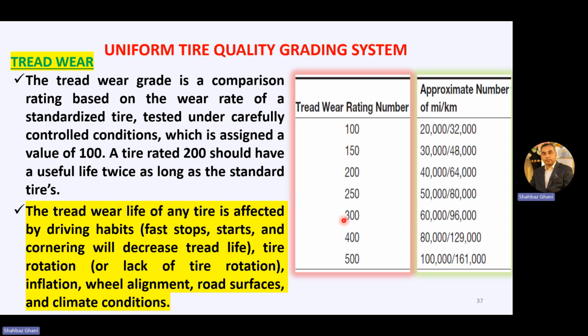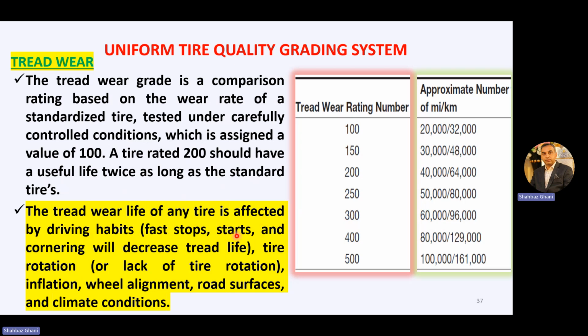Your tire may show a tread wear of 300, but if your driving habits are not good, your braking habits are not good, or the road condition is not good, then you cannot go up to these limits.